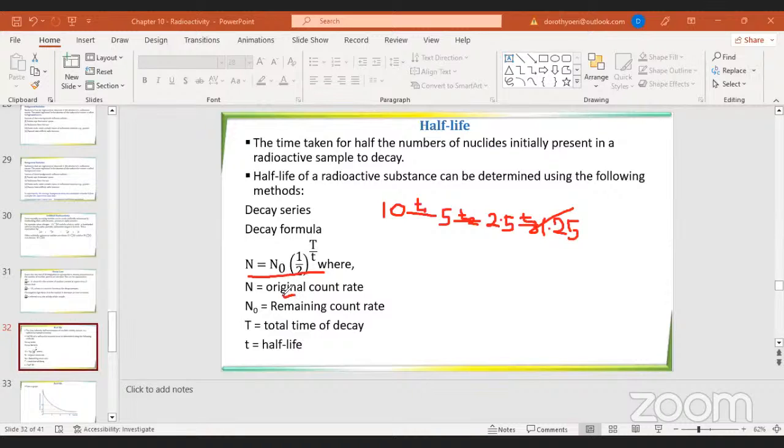Let me change something here. This should be N naught, and this should just be N. So when you're using that equation, you must represent everything that has been represented in the equation. But I always insist, the easiest way is this way. This will never go wrong. Maybe I will try and see if we can get a question and do it together.